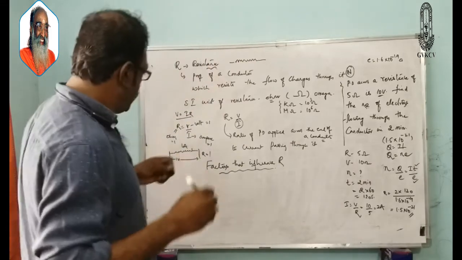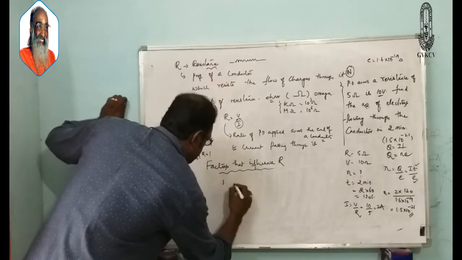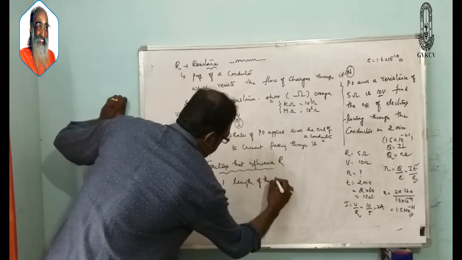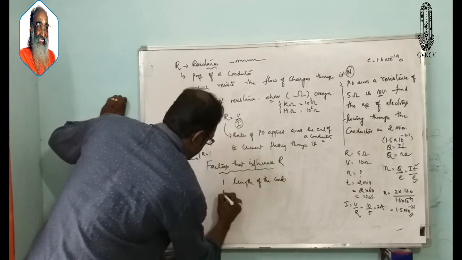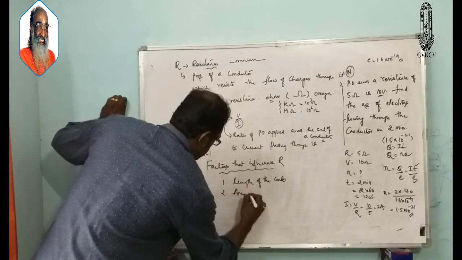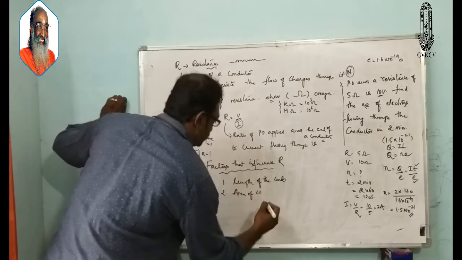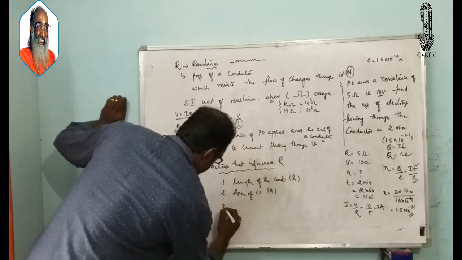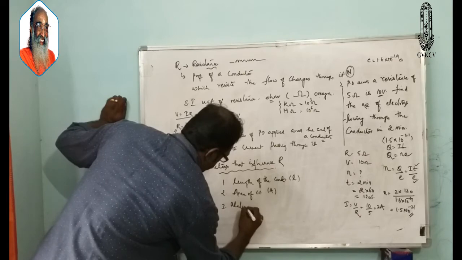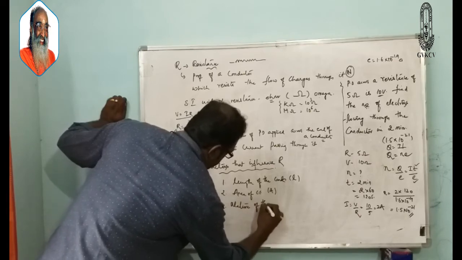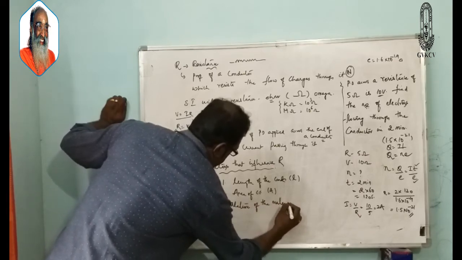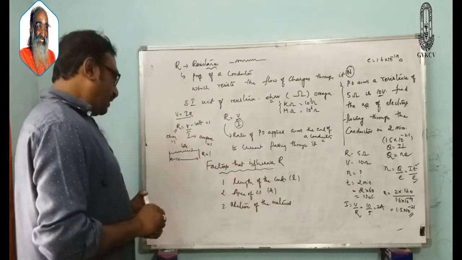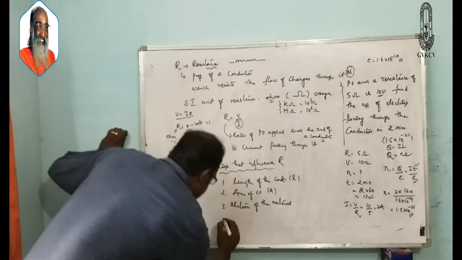There you have learned about one, the length of the conductor, denoted by L, and number 2, the area of cross section of the conductor, denoted by A, and the third one is the nature of the material. Whenever the material changes, the resistance also changes. Along with this we are going to add one more thing, that is temperature.